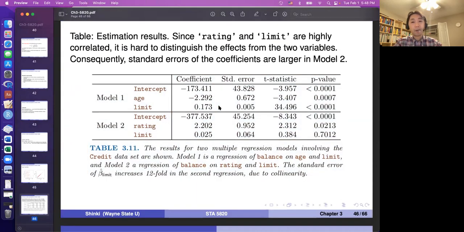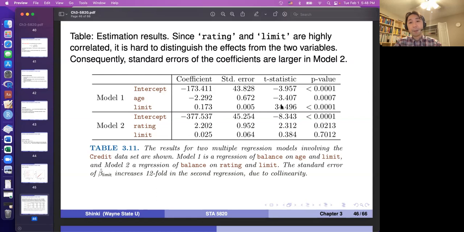Limit is 0.173. So if the credit limit is $1 higher, you spend 17 cents more. That may be a more meaningful difference. For example, if you have a $10,000 higher limit, then you have $1,700 higher debt. So it has a much larger impact, right?